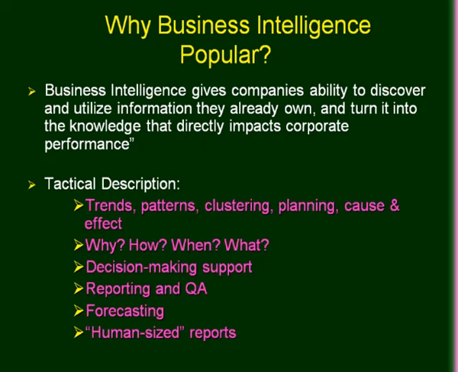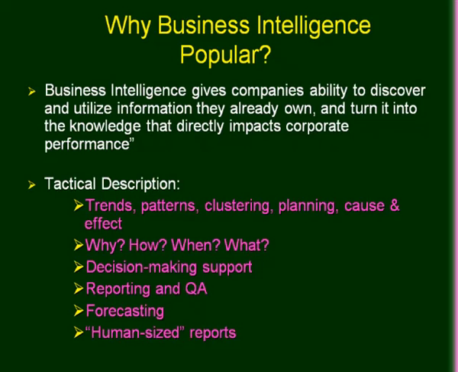They are all different questions, right? So it is a part of a decision making support system. Forecasting is possible. Human-sized reports also can be represented very easily here using the power of BI.